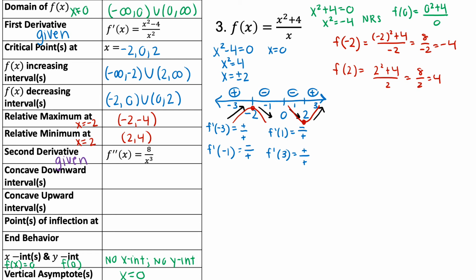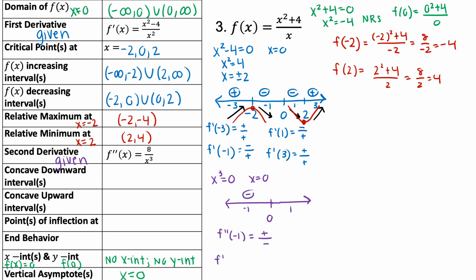Setting our denominator equal to 0, we get x cubed equals 0, so x equals 0. We're going to set up our number line and test around. Let's test -1 and 1 inside our second derivative. f double prime of -1 gives us 8, positive, over -1 cubed, negative, so a negative value.